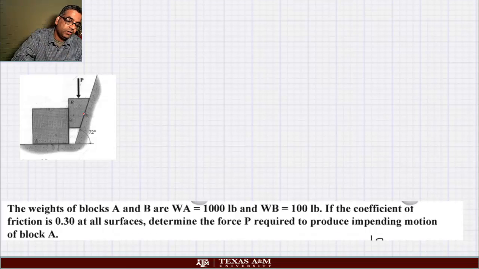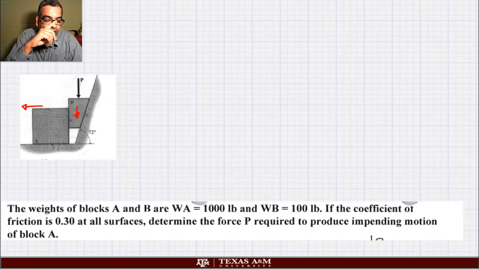What we want to figure out is how hard I should push with P on the block so that it moves. I want you to understand that when it starts moving, this is going to go like that, and this is going to go like that. That's what will tell us which way the friction forces should be selected. Always start by making your best guess as to which way things are going to go.